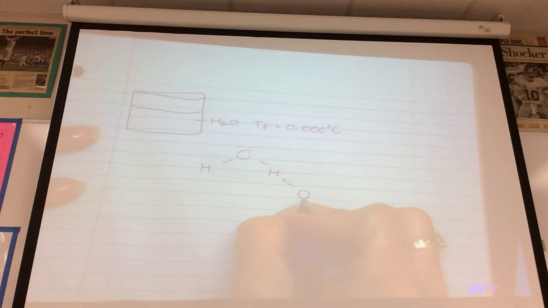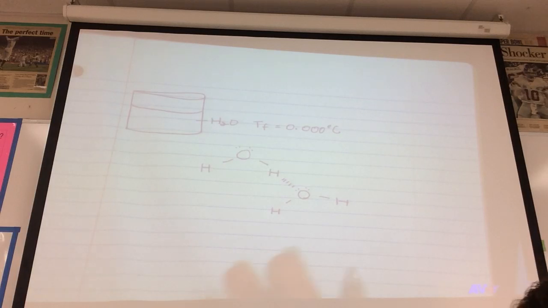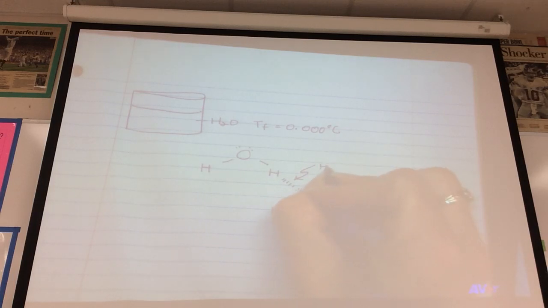We talked about the fact yesterday, or reminded you of the fact that water molecules link to one another through intermolecular forces, London dispersion forces, dipole-to-dipole interactions, and shown here is a hydrogen bond.